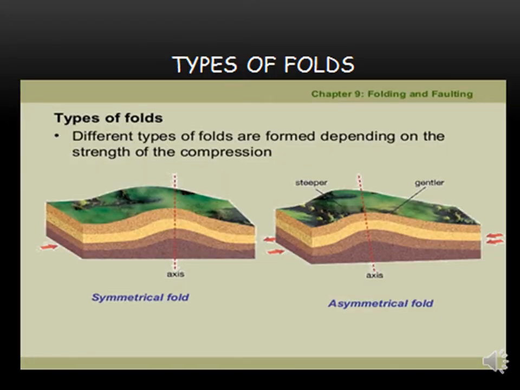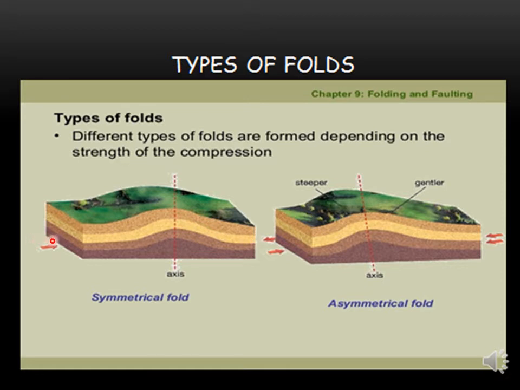Then we learned about the types of folds. I told you the amount of force exerted on rock layers influences the way they bend and crumble, so they make different types of folds. You can see in the symmetrical fold, the arrows show the compressional forces exerted from both sides.